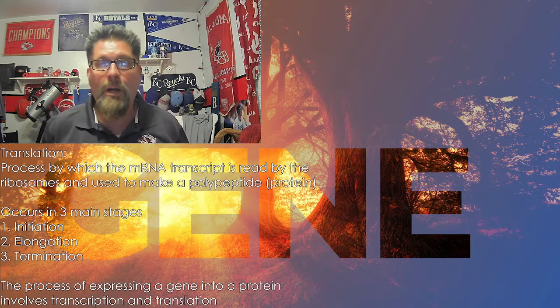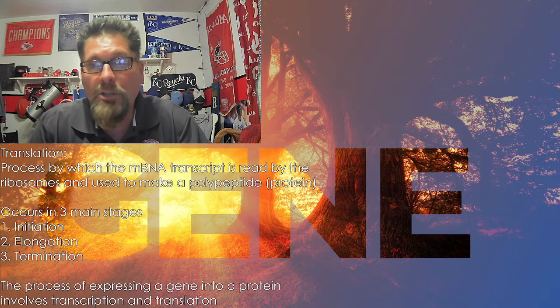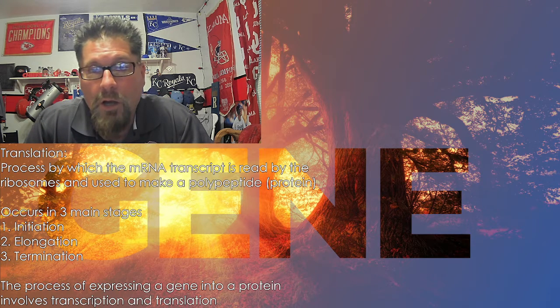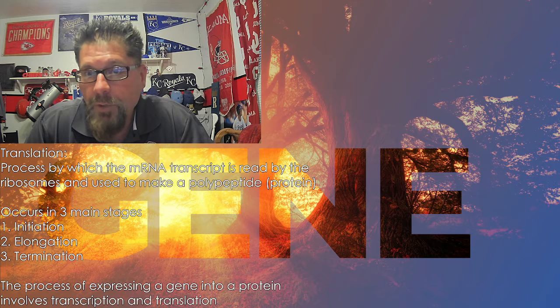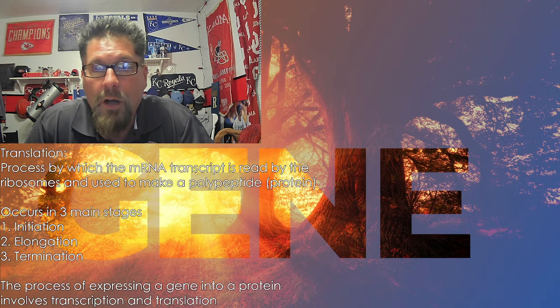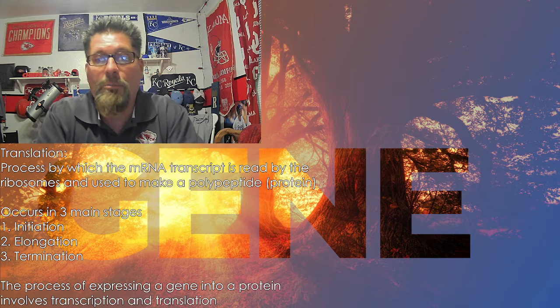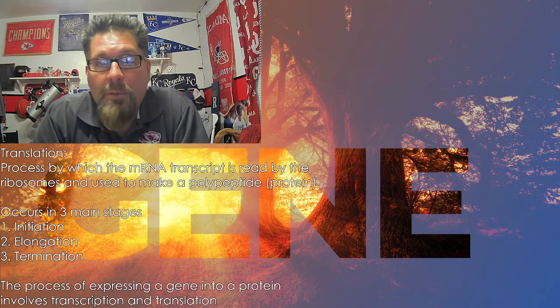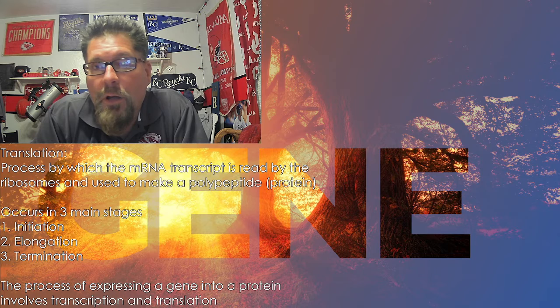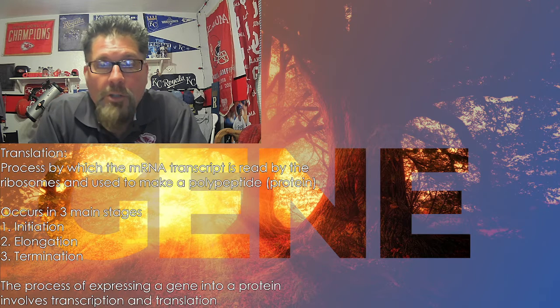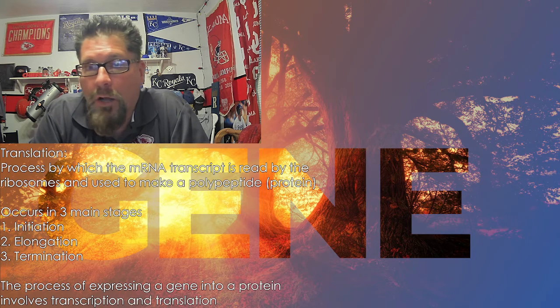There are three main sections: the initiation, the elongation, and the termination. And of course, as a reminder, the process of expressing a gene into a protein is a two-step process: transcription, DNA to RNA, and translation, RNA to the protein.